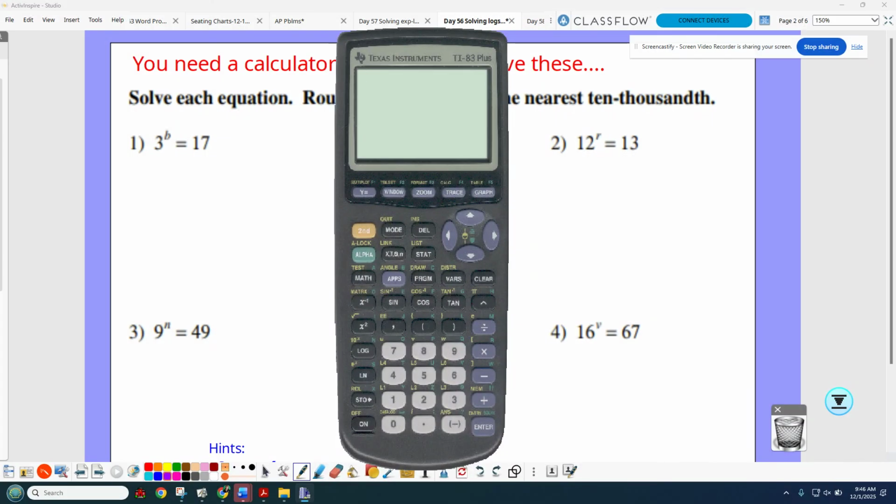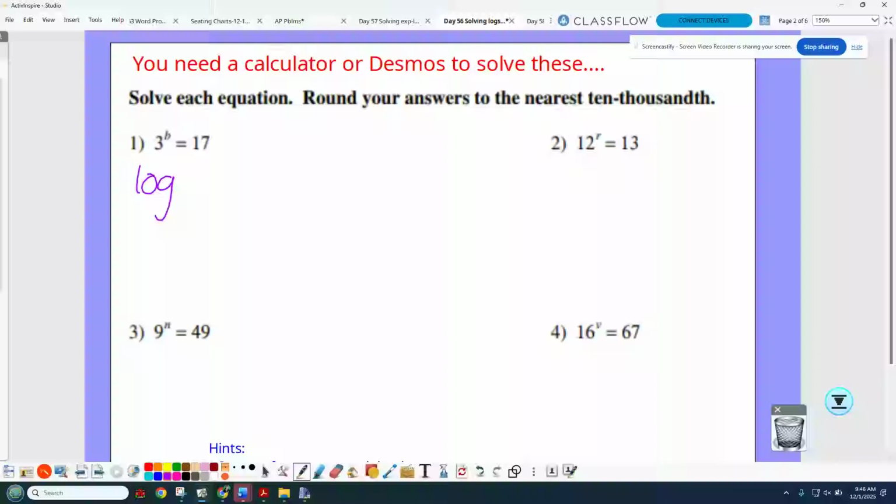You do a 3 to the question mark and move E to the right. So it's 3 to the what equals 17. I need to convert it. Leah? So I need to convert from exponential to log.